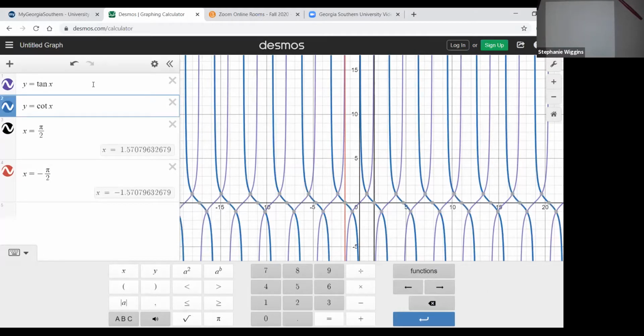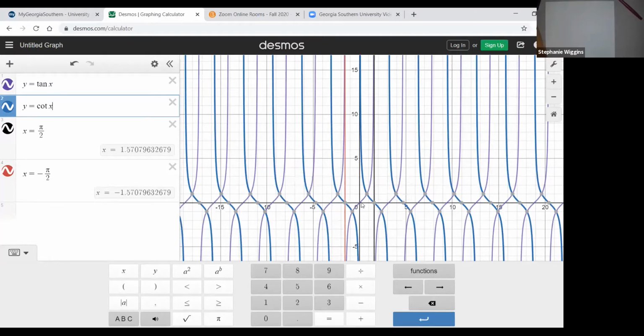Because it's the reciprocal, it's going to be the reverse of the tangent. In this little region right here, from this point to this point, it's between 0 and 1, right? Well, tangent blows up in that time. And when cotangent is blowing up, tangent is between 0 and 1 in this area.